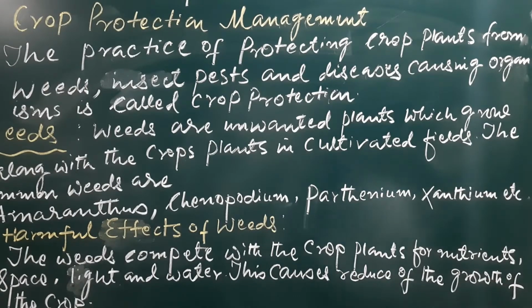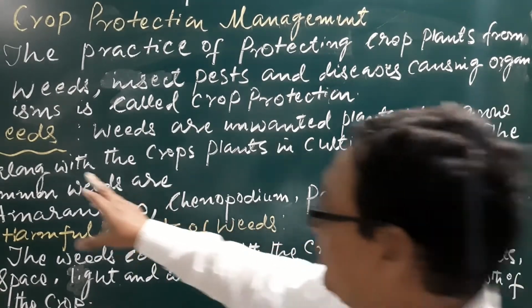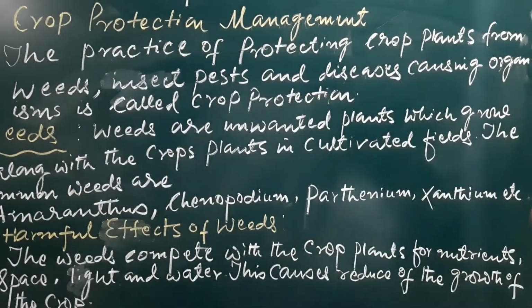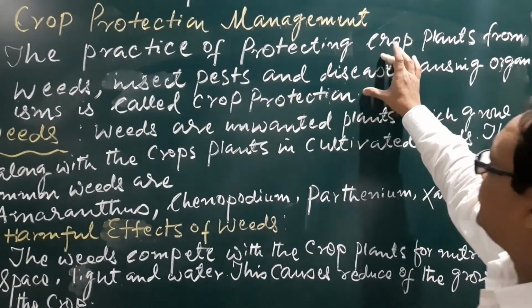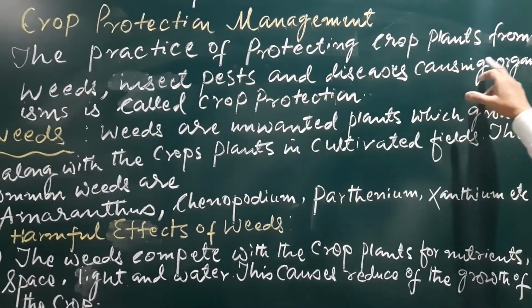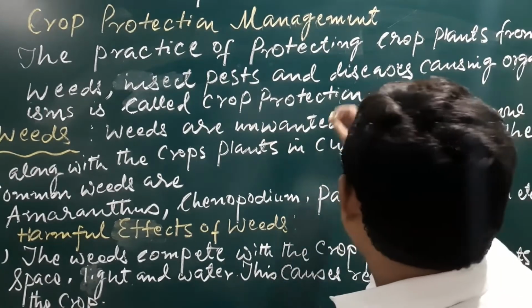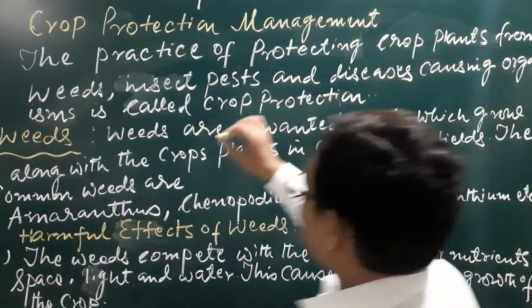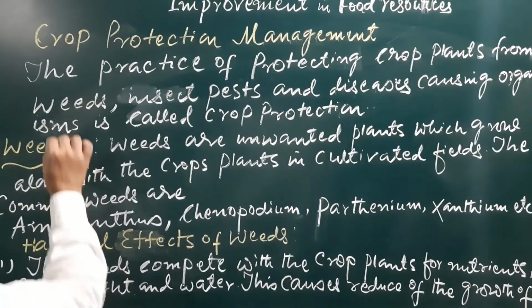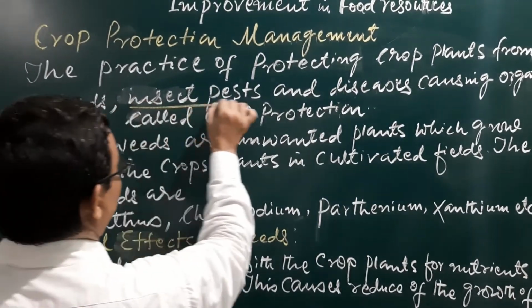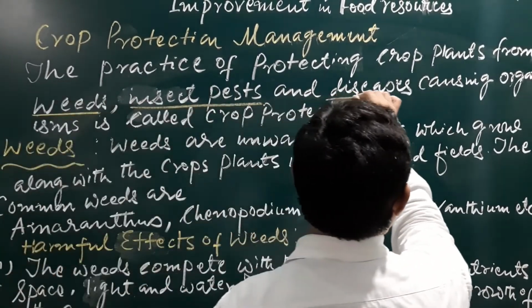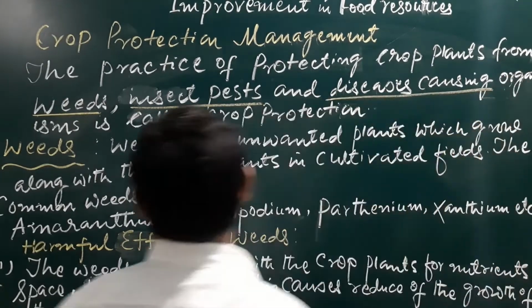In this part, crop protection management, we will first address the weeds, the unwanted crops. Here is a short definition: the practice of protecting crop plants from weeds, insects and disease causing organisms. Weeds number 1, insect pests number 2, and disease causing organisms number 3.